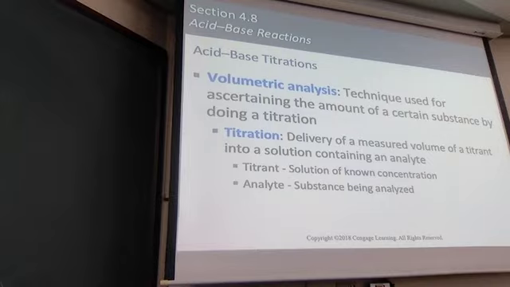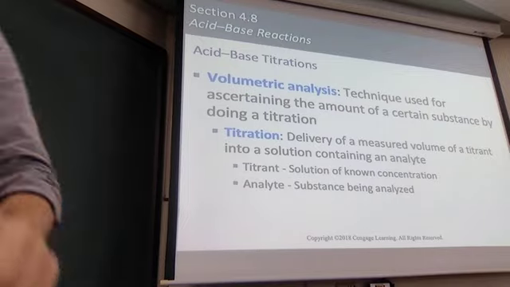We usually use that to determine the concentration of the solution or the amount of substance in a certain volume. So the idea is that we deliver a measured volume of a titrant into a solution, which is an analyte. The titrant usually has a known concentration, and for the analyte, we don't know the concentration.